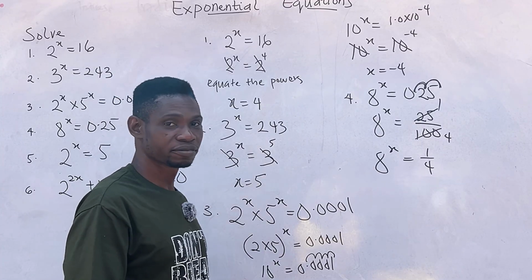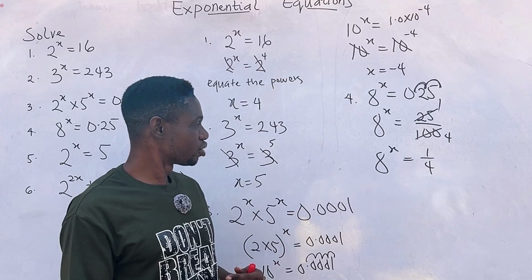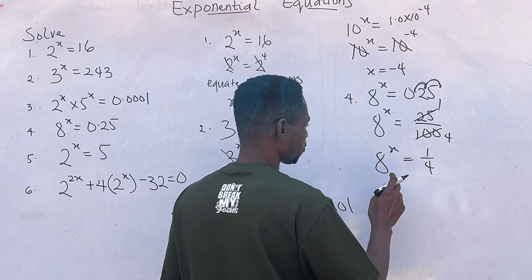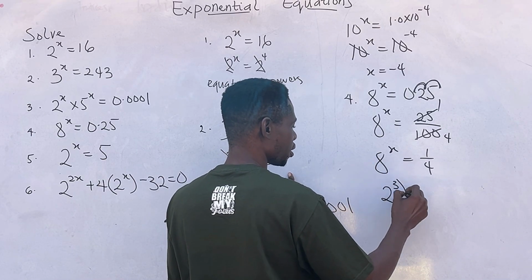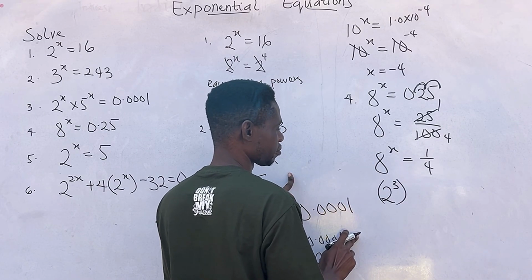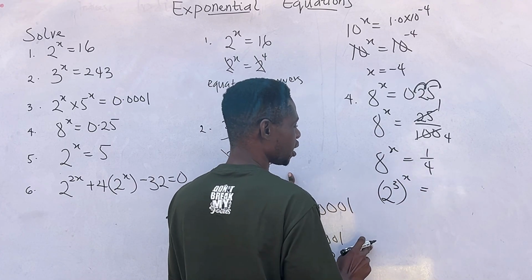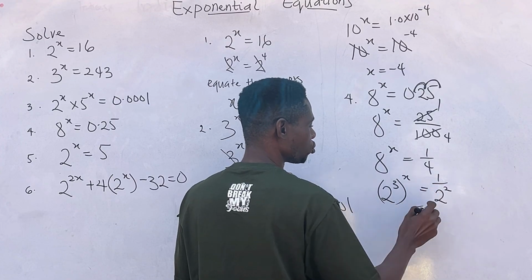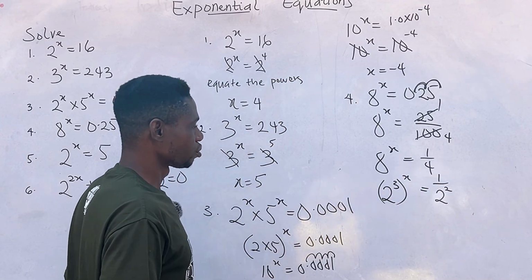Okay? It's getting closer to something familiar. Now, this 8 can be written as 2 raised to the power 3, all raised to x. And 1 over 4 is 2 raised to the power 2, I mean 4 is 2 raised to the power 2.